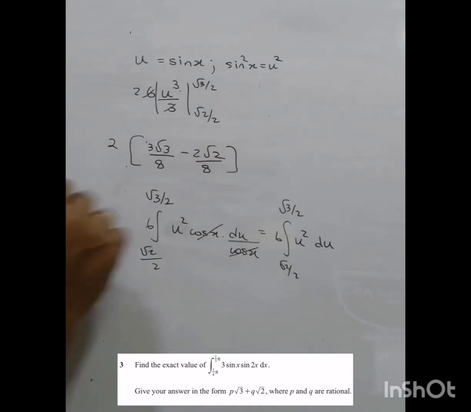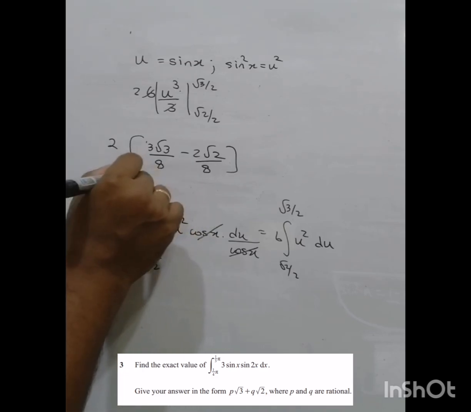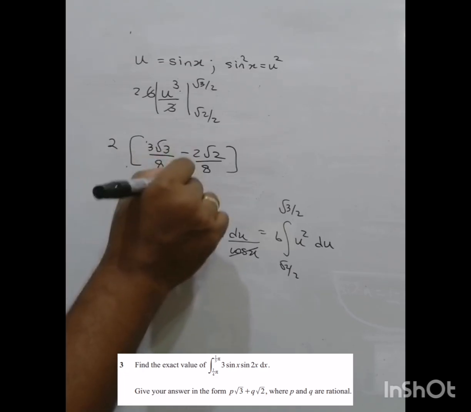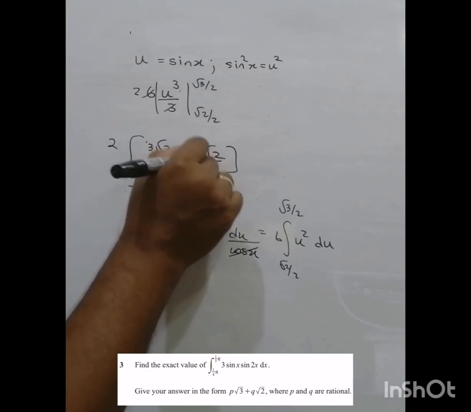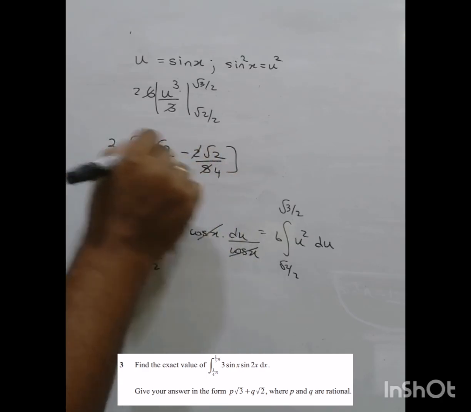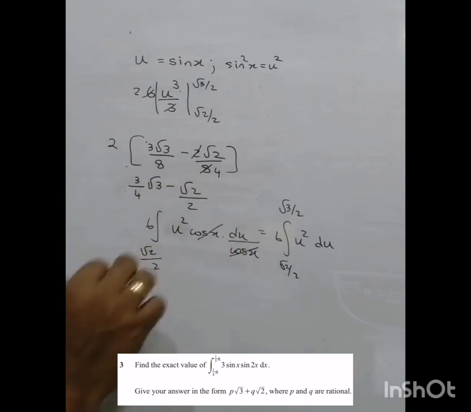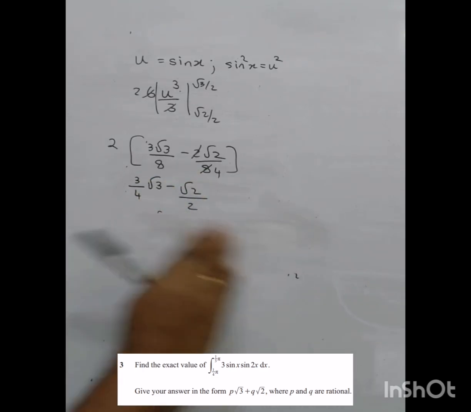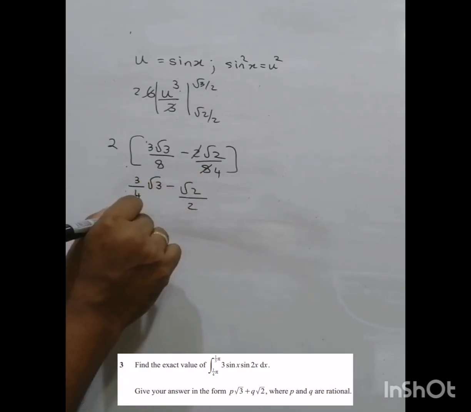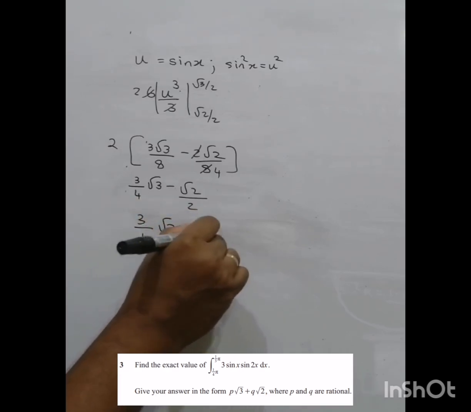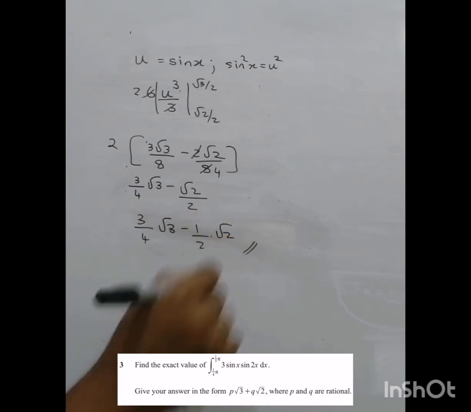So when we multiply it out by 2, we get 3 by 4 root 3 minus, we can simplify this further. When we multiply by 2, we get root 2 over 2. So we can write that as 3 by 4 root 3 minus half root 2. That's the final answer.